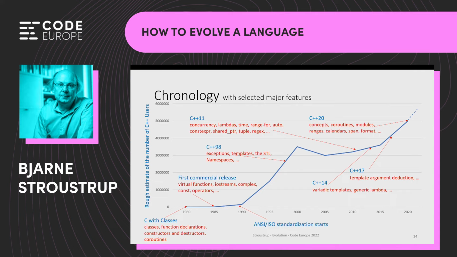There's actually an official plan which says better library support for coroutines, better library support for modules. We would like to look at contracts, and we would like to look at pattern matching.